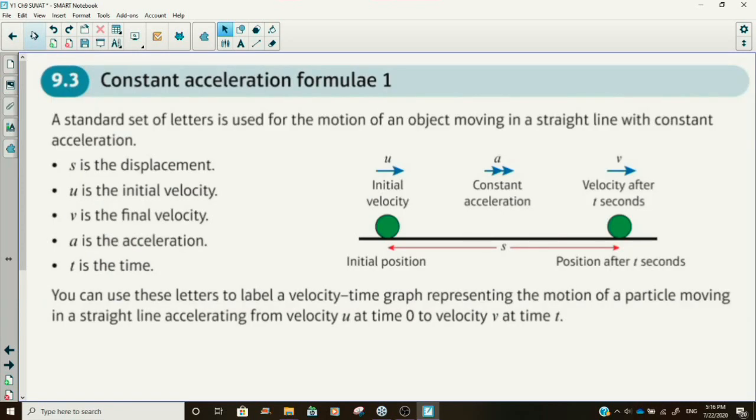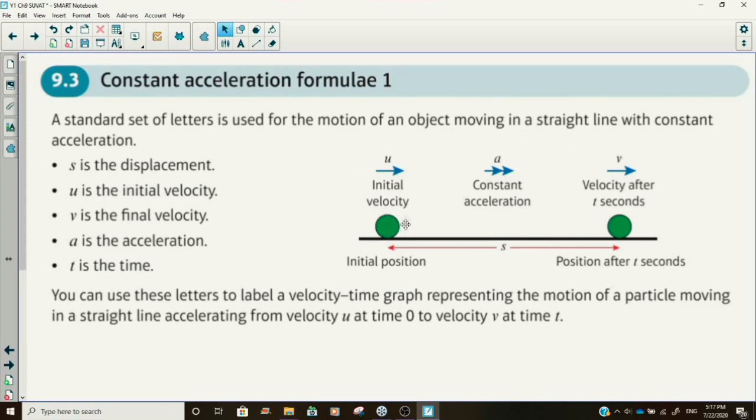Right, the SUVAT equations, the constant acceleration formulae, they can be described in terms of these 5 letters here on the left hand side. So we normally use S for displacement, U is the initial velocity, V is the final velocity, A for acceleration, and T for time. And we can describe this situation using these letters.